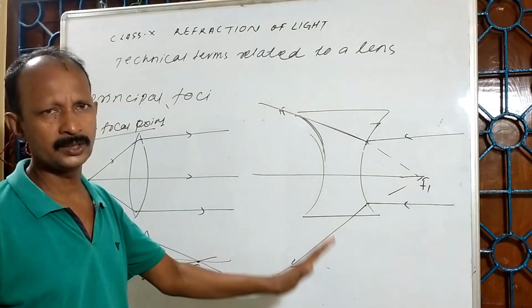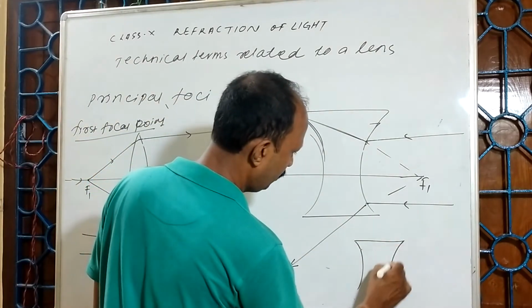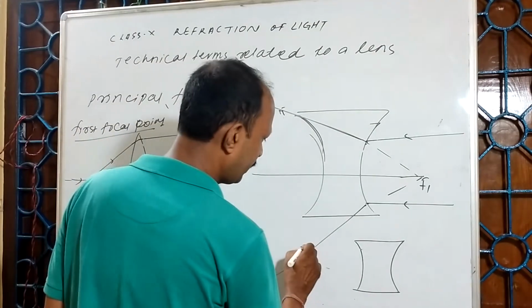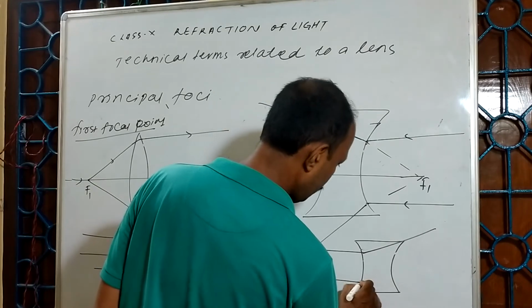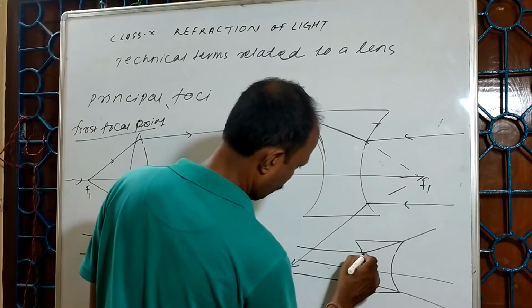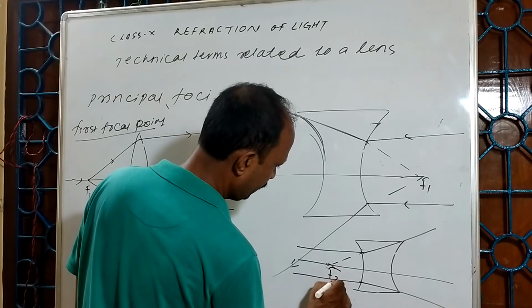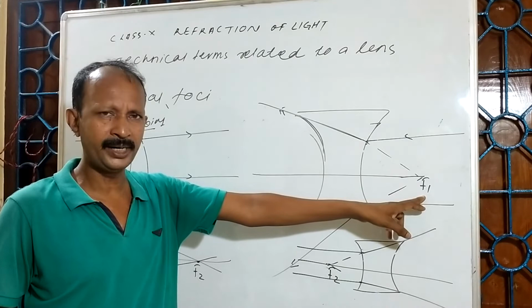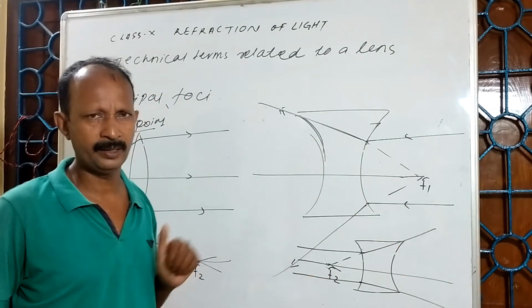And so far as the biconcave lens is concerned, for example, the lens is like this. Now the light is coming from this side. So this is F2. The first focal point in biconcave lens, second focal point in the biconcave lens.